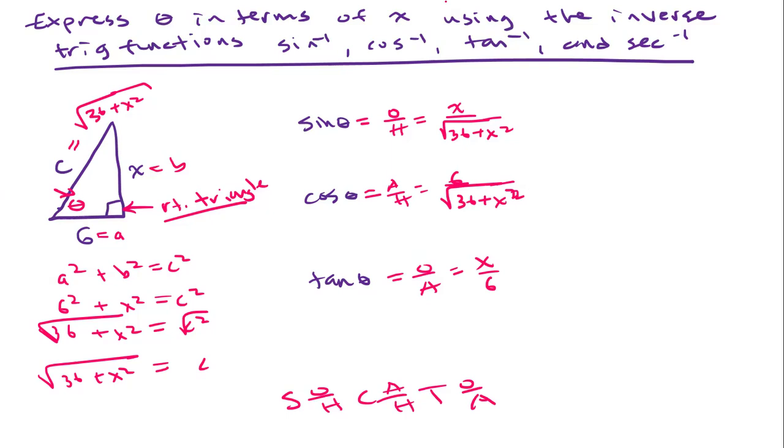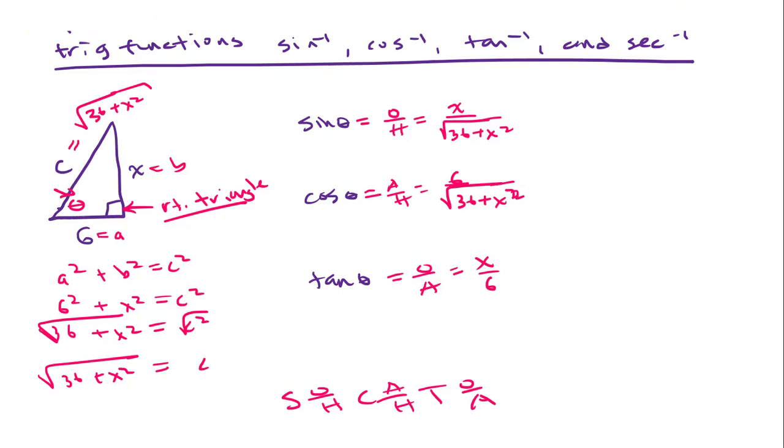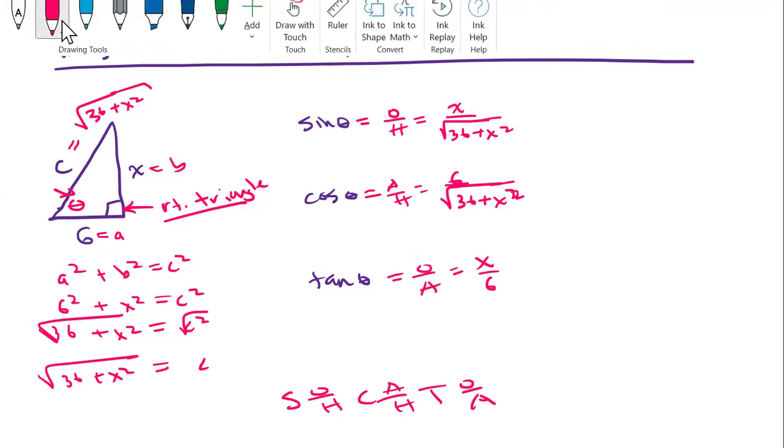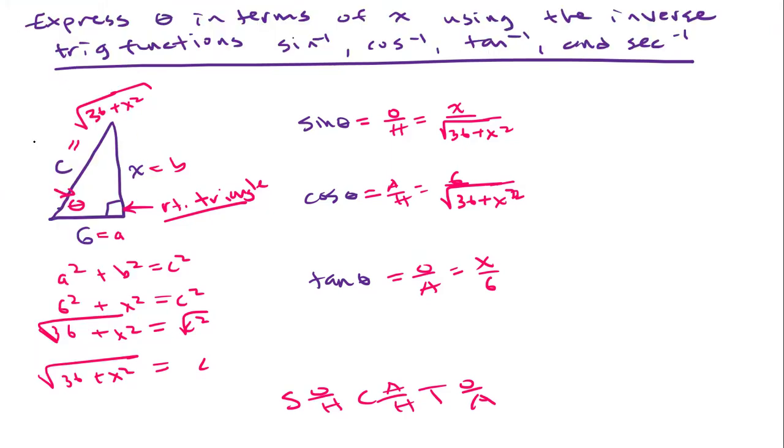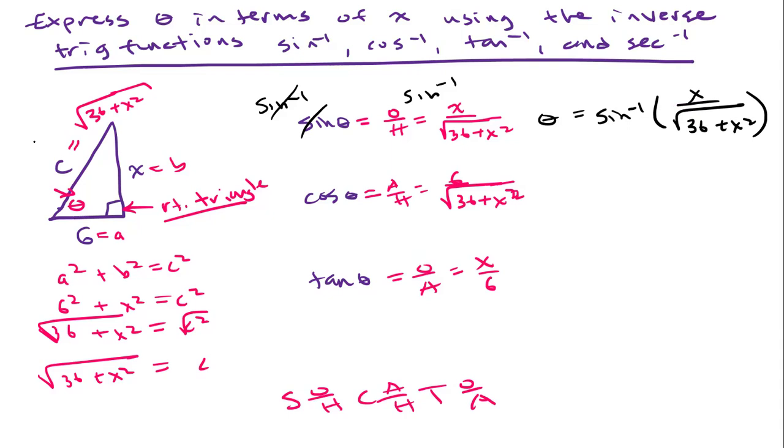Now we can figure out what these inverses are. To find the inverse of sine, we just take the inverse sine on both sides. So theta is equal to the inverse sine of x over the square root of 36 plus x squared.